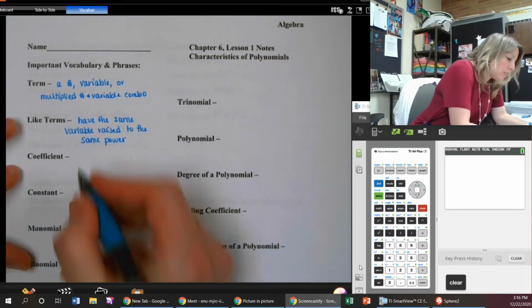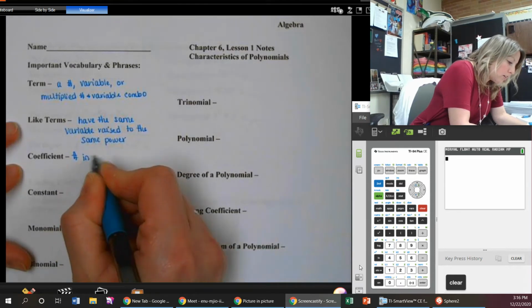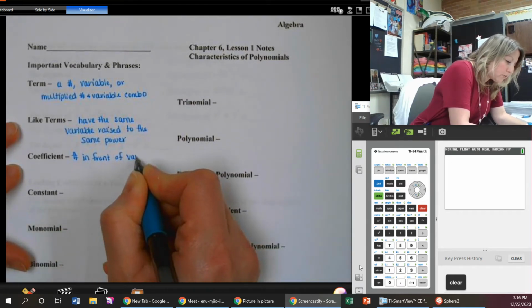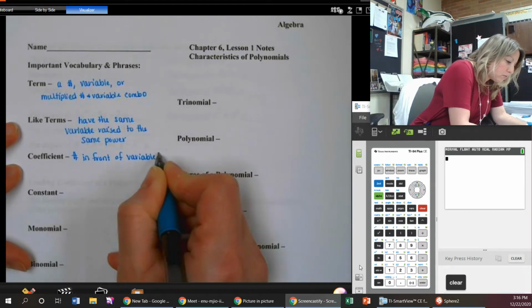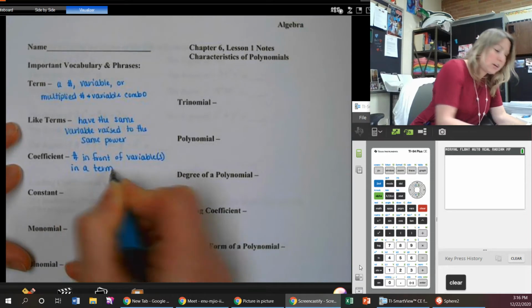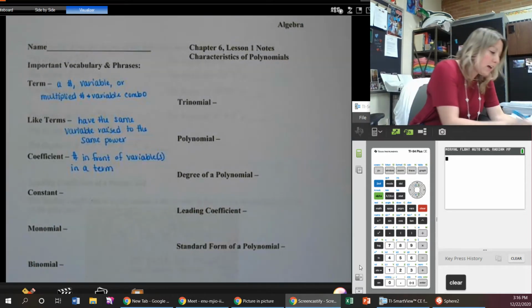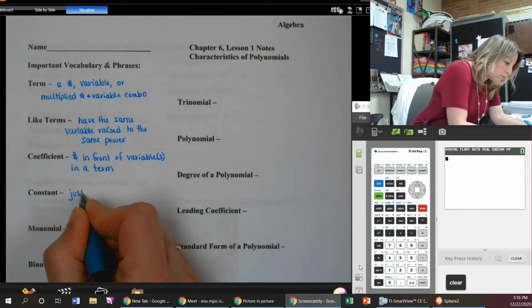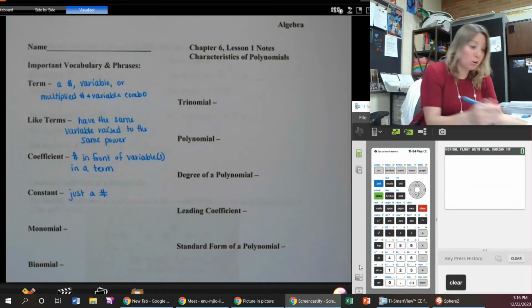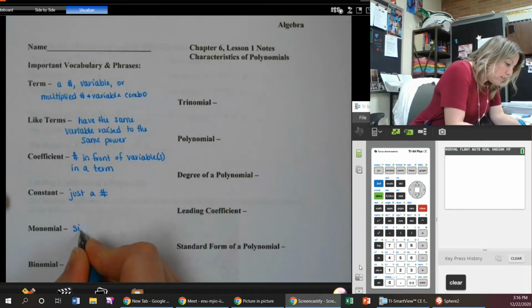A coefficient is the number in front of variables in a term. So the coefficient is that number out front. A constant is just a number. A monomial is a single term.